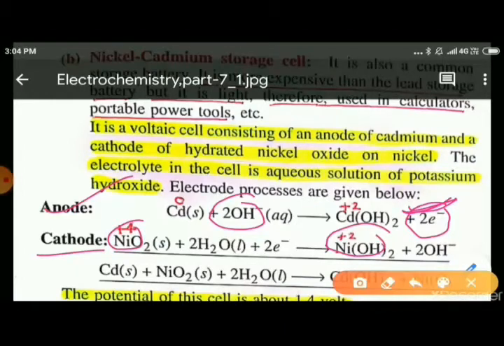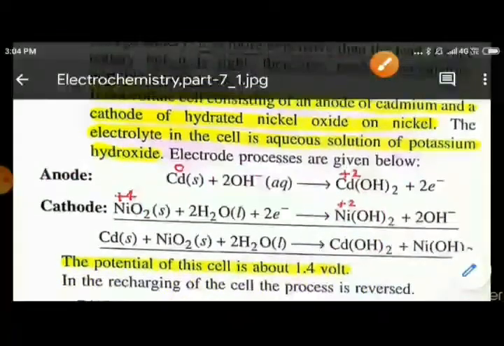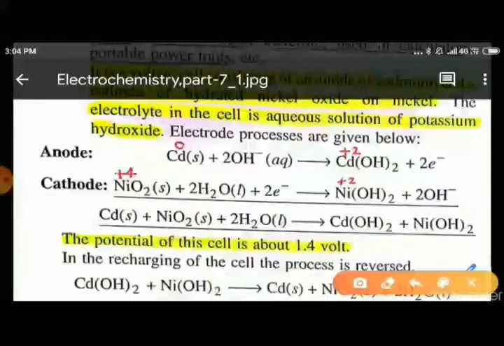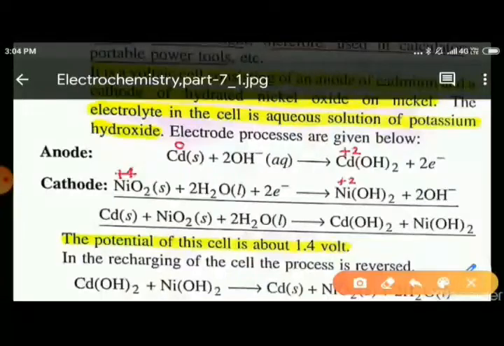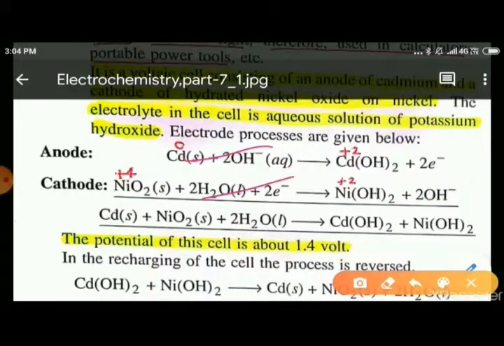Therefore, it is the reduction half reaction. In the overall reaction, we may write it by adding the oxidation half reaction and the reduction half reaction. It is cadmium reacting with nickel oxide and water to form cadmium hydroxide and nickel hydroxide.